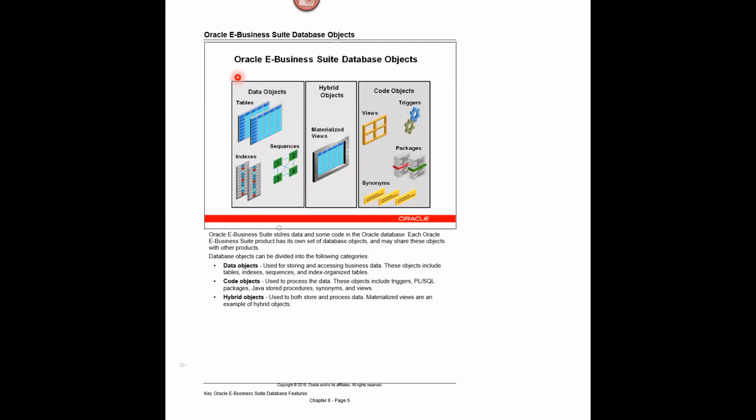If you take your database, it's made up of data objects: tables, indexes, sequences, hybrid objects, materialized views, code objects, views, triggers, packages. Basically your Oracle E-Business database is a huge database which includes all of them.